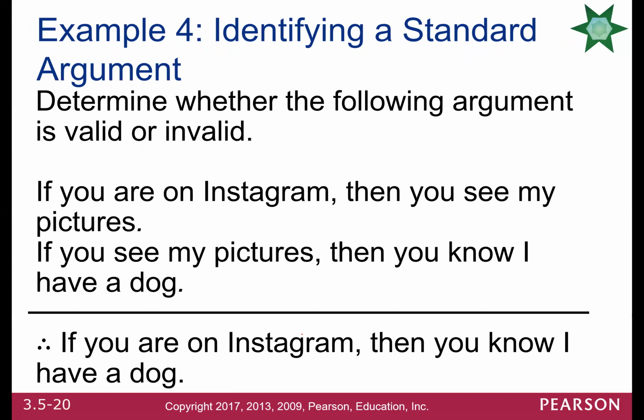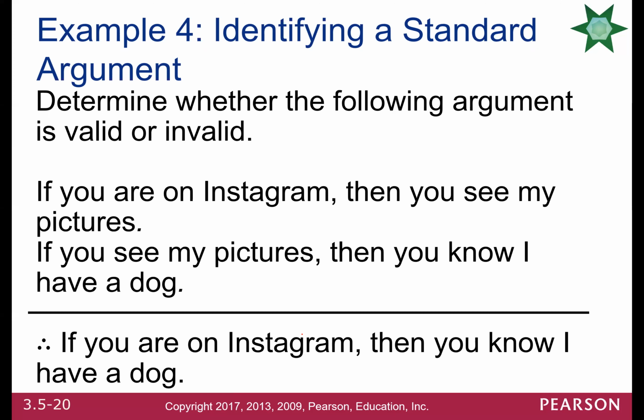Okay, so let's determine whether this argument is valid or not. Okay, so what are we going to do here? Get to the right part of my notes here. All right, so here's our argument. If you are on Instagram, then you see my pictures.